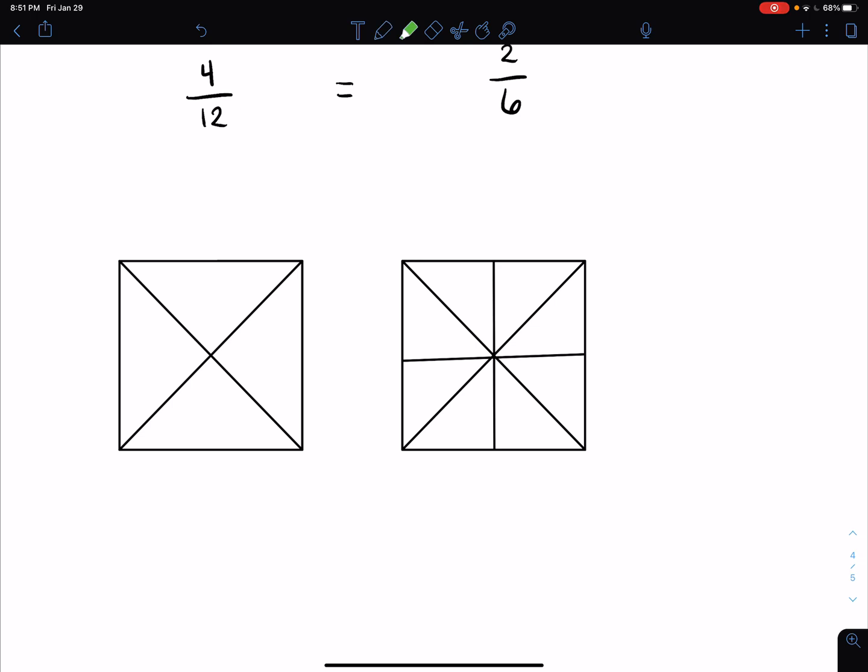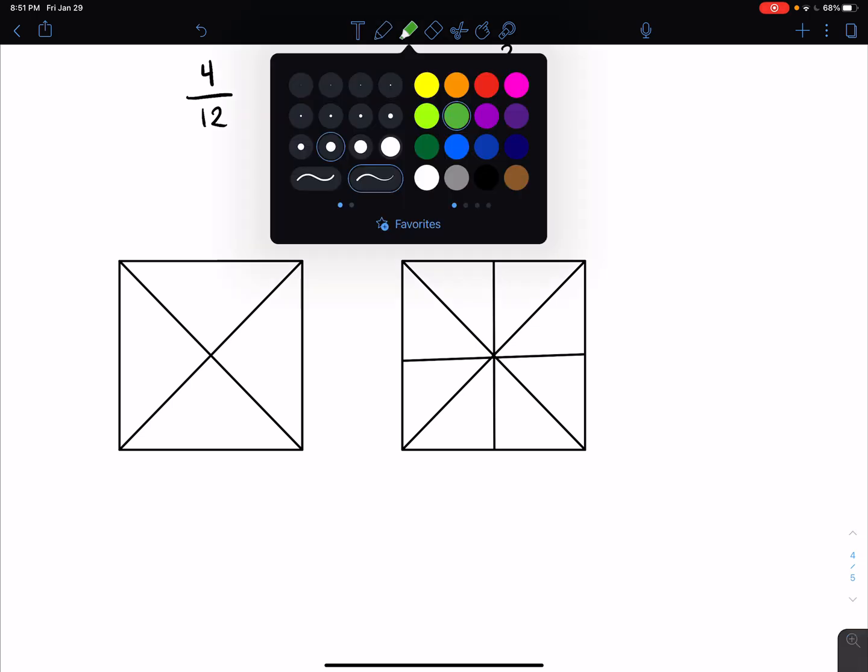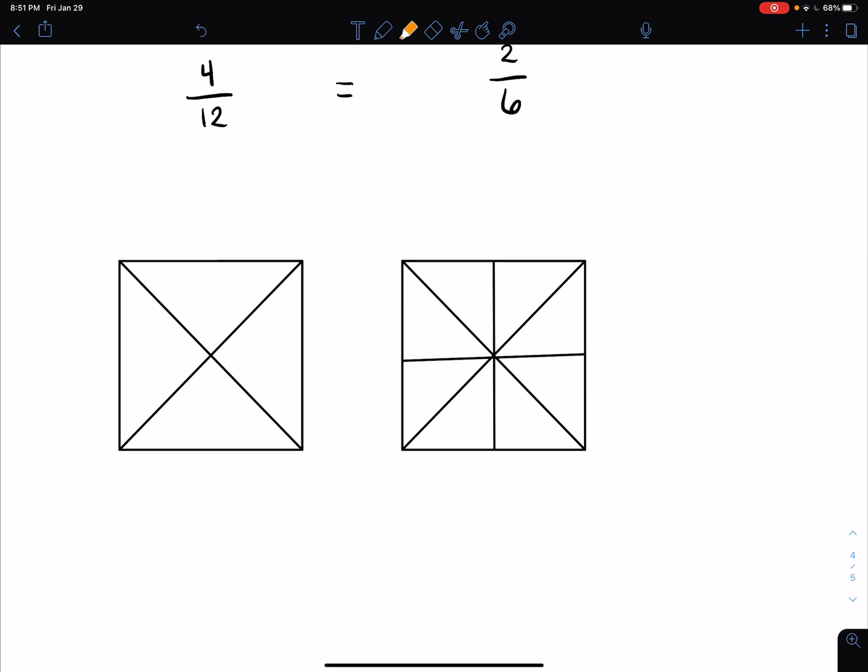Okay, now let's say that we have this shaded over here, and we have this shaded over here.